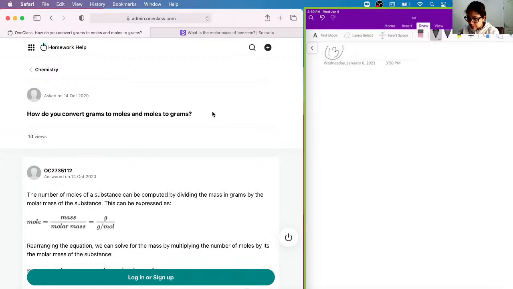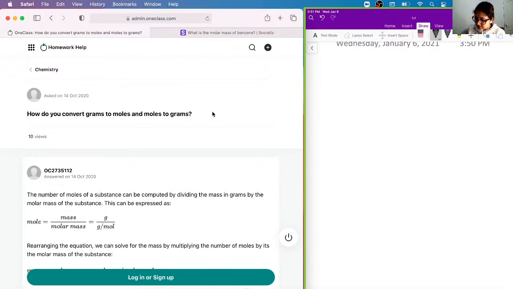Our next question says, how do you convert grams to moles and moles to grams? So this is a converting question. The number of moles of a substance can be computed by dividing the mass by the molar mass of the substance.